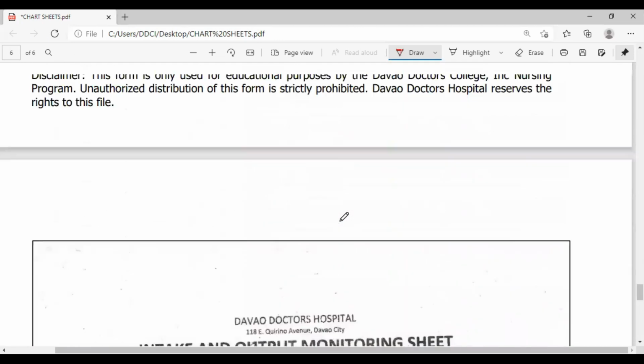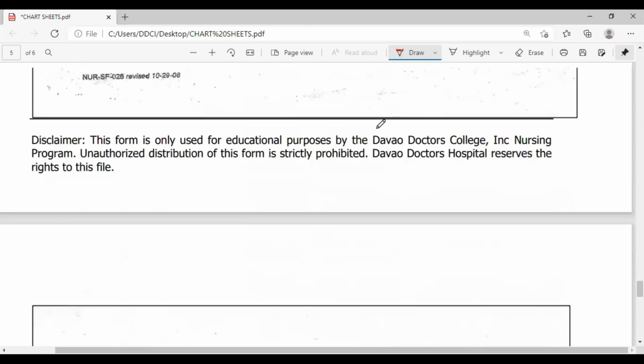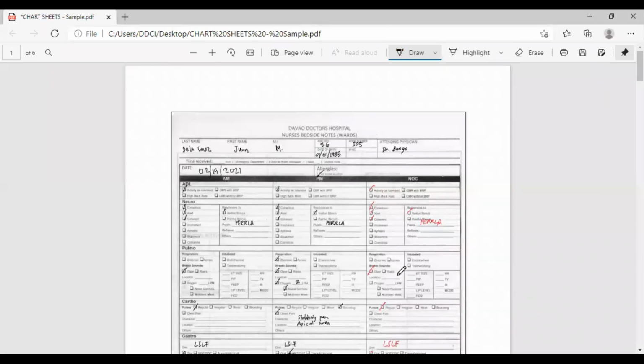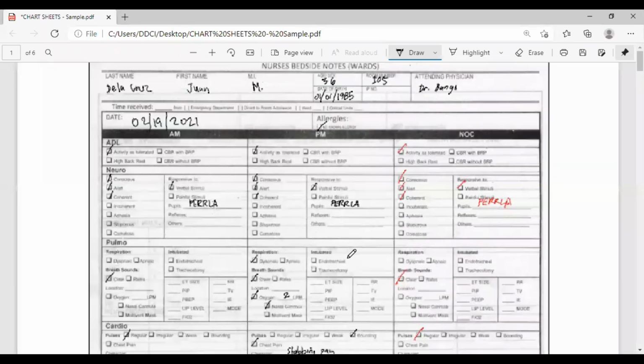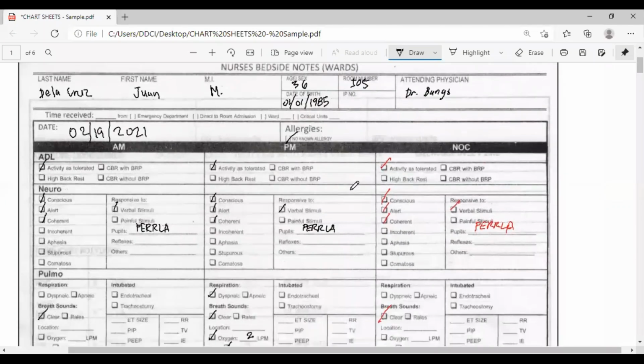Let me show you an example of a finished product in the chart. Let's take a look. Here's an example. As you can see here, we have Juan de la Cruz, Juan M, 36 years old, room 505, January 1, 1985, under the service of Dr. Bungo.